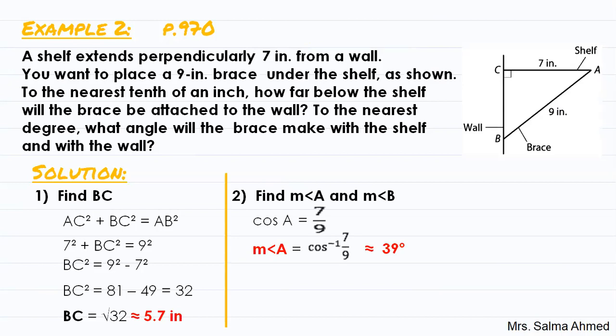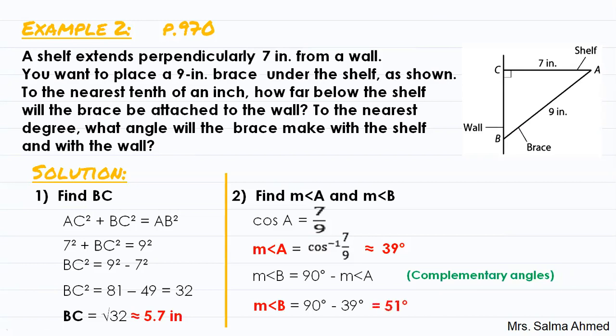Now I need to find measure of angle B. So what's the relation between A and B? They are, yes, complementary angles. So I'm going to use measure of angle B is equal 90 minus measure of angle A, as they are complementary angles. So it will be 90 minus 39, and it gives me 51 degrees.